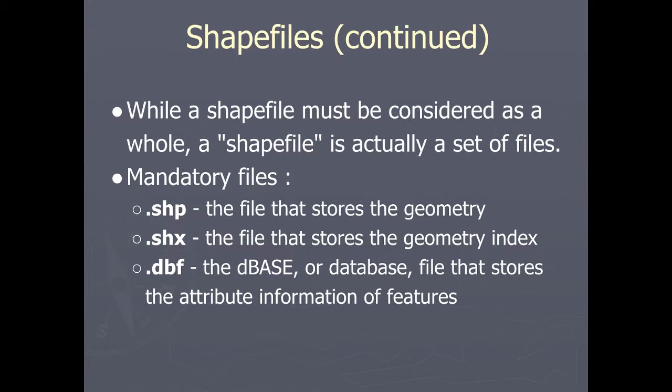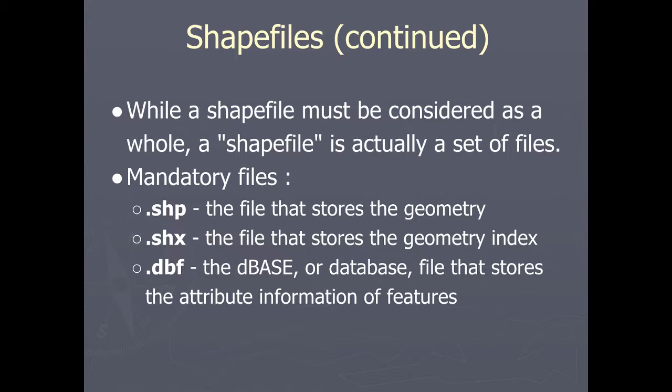So while a shapefile must be considered as a whole, a shapefile is actually a set of files. When you create a new shapefile in ArcGIS, in the background, at least three files are created. There's a .shp file created. This is the file that stores the geometry. There's a .dbf file created, or a database file that stores the attribute information about the features.